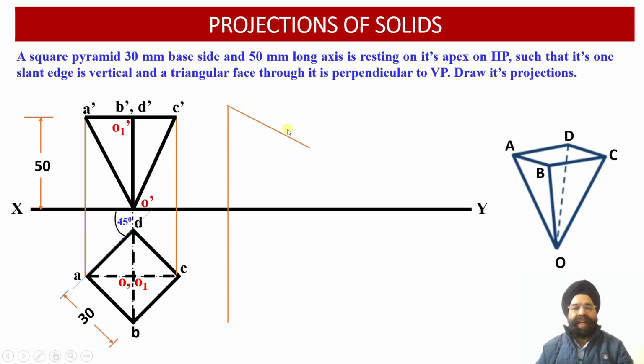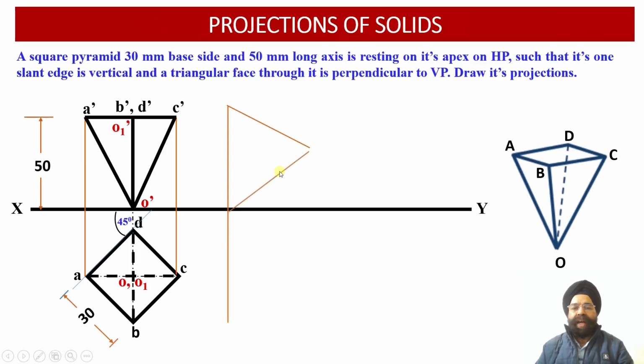So from A1 dash I will be marking an arc equal to the distance A1 dash C1 dash, and then from O1 dash again I will be marking another arc with the radius equal to O dash C dash. So from here I'll be marking the distance equal to O dash C dash.